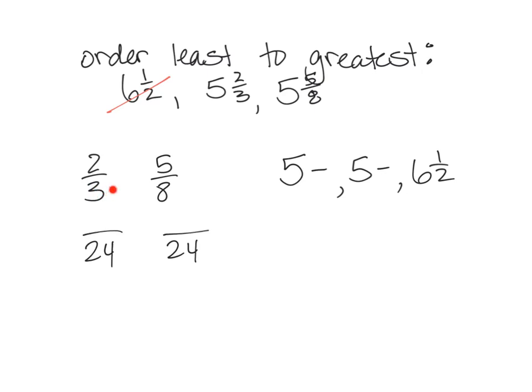If I did 3 times 8 here, I had to do the same to the numerator. 2 times 8 was 16. And if I did 8 times 3 to get 24 here, I had to do 5 times 3 to get 15 here. They are equivalent. And so now I know that 2/3 is more than 5/8. So this is more, and this is the least. So I'm going to fill that in: 5/8 is the least, and 2/3 is the next amount, when 6 was the biggest one.